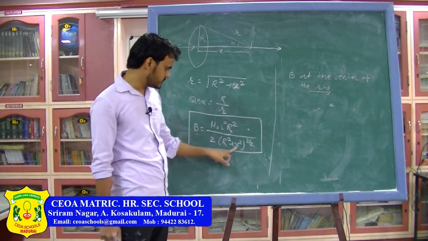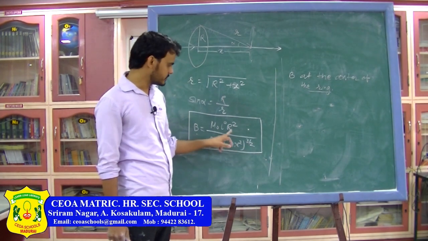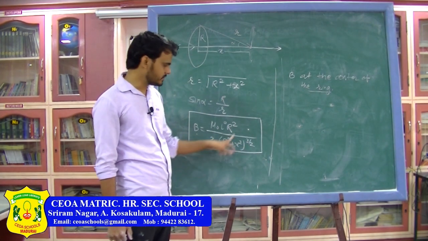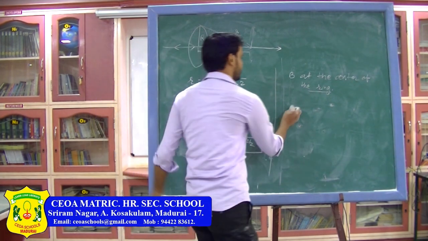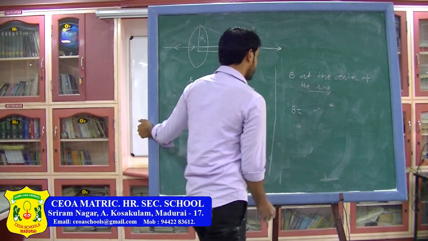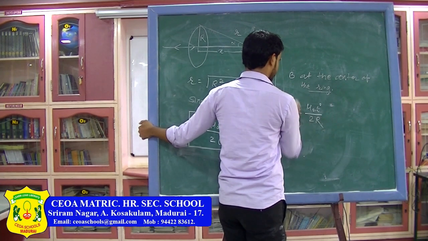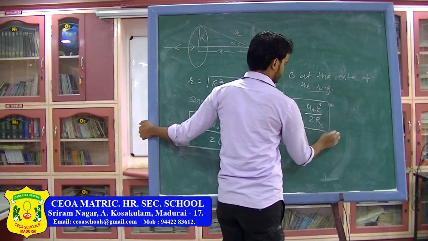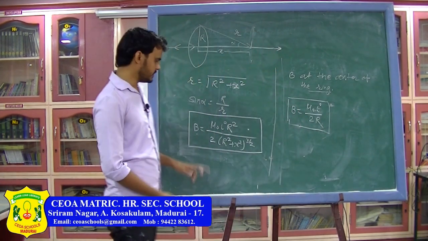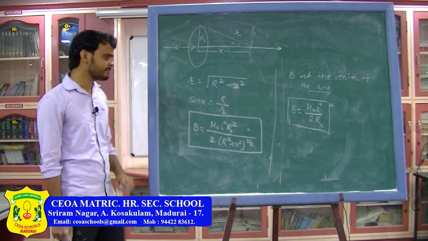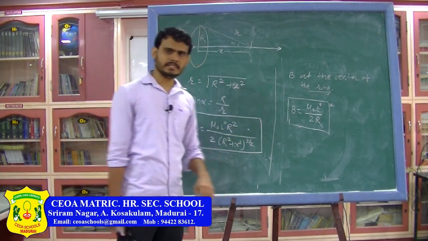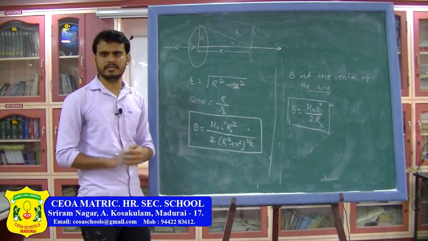Here if I put 0, this will become R cube. So, this will be R square divided by R cube, which will be 1 upon R. So, the magnetic field at the center of the ring can be written as mu naught I divided by 2R. So, you have to remember a general formula for magnetic field due to a ring, and then a special case where you have to find the magnetic field at the center of the ring.